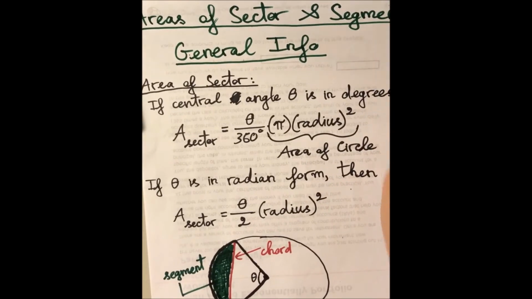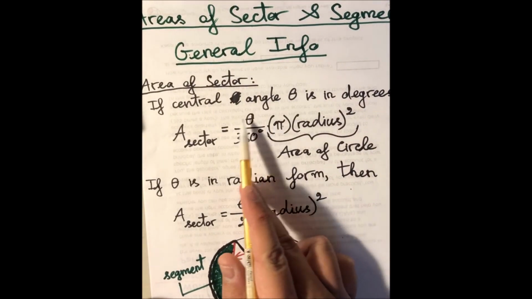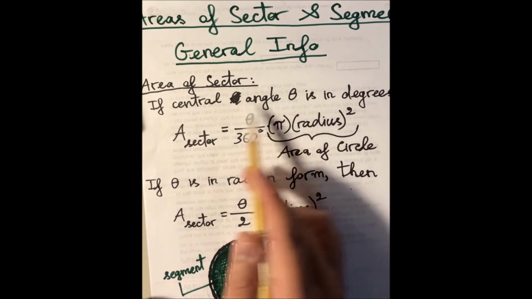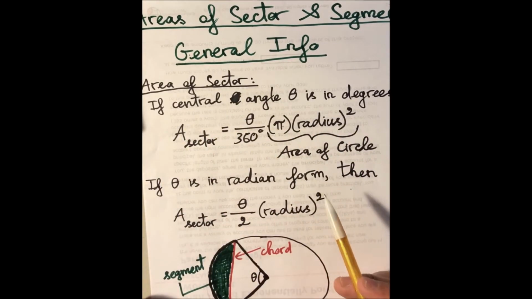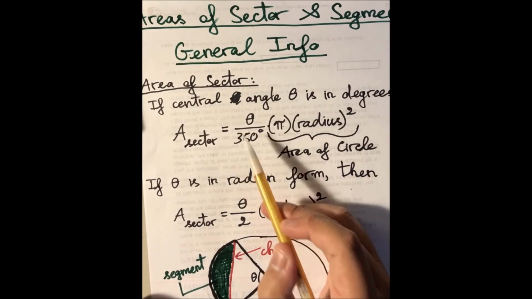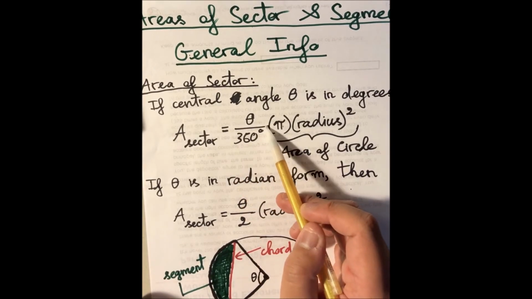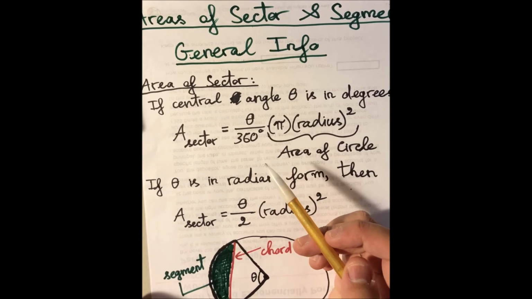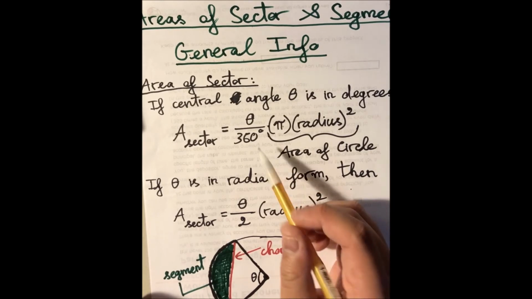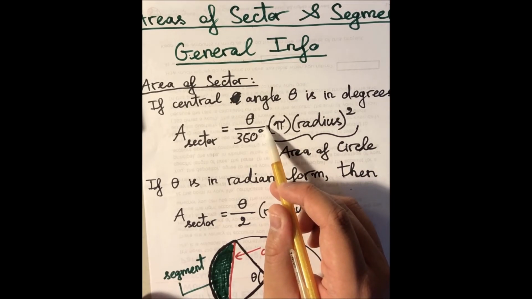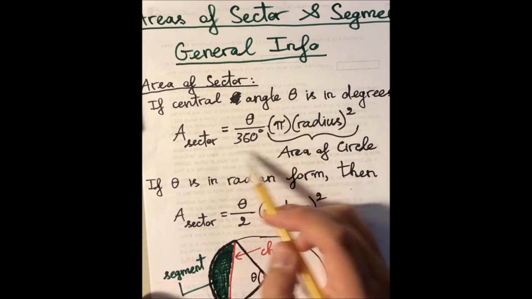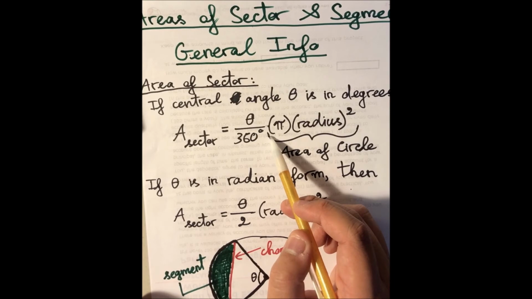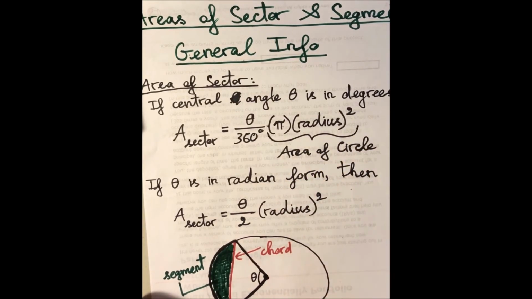So the way that I like to think of this formula in general is as a portion of the area of the entire circle.